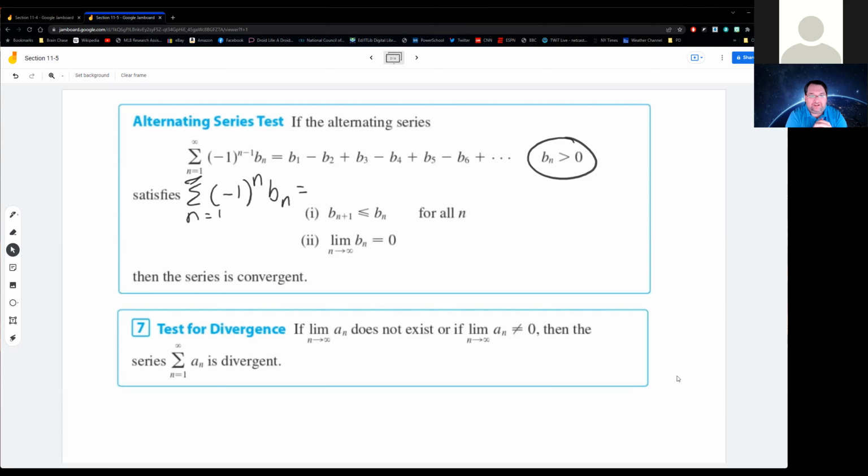The alternating series test has this rule right there: if that is true and the other ones are true, then it's convergent. Those two rules right there are basically the same rule.